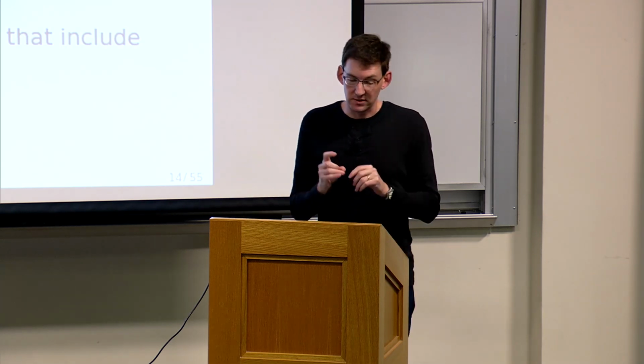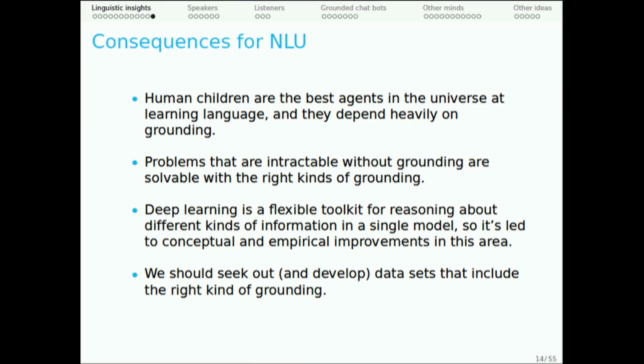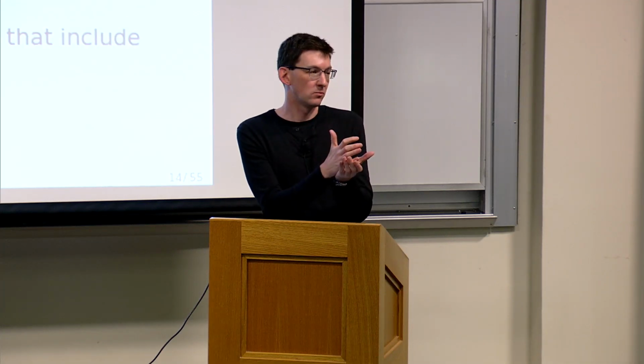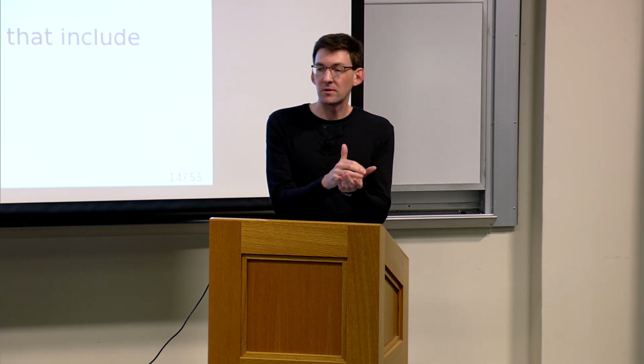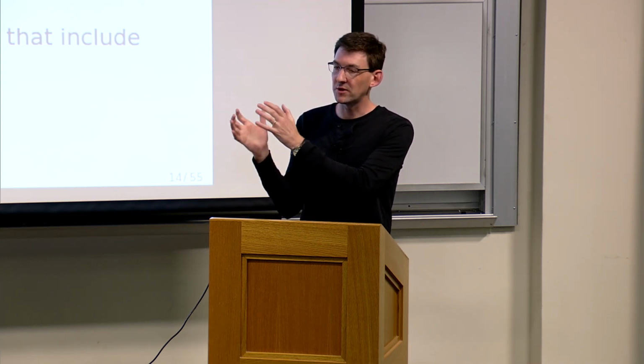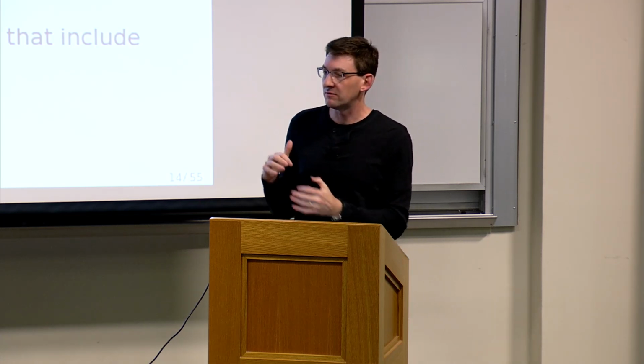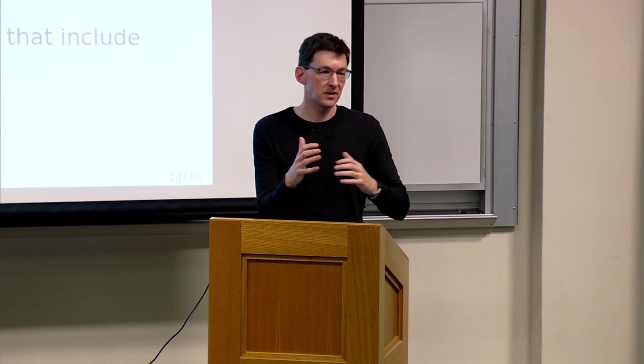Here's a bright spot for this. It's a real change over recent years. So deep learning systems, they're really flexible toolkits for reasoning about lots of different kinds of information in a single model. And this has, I think, led to some real breakthroughs when it comes to grounding, because after all, one way you could think about grounding is I'm going to have some vectors for my words, but maybe I'll also have vectors for the people in my environment, or the objects in my environment, or like a vector representation of this image or this video.